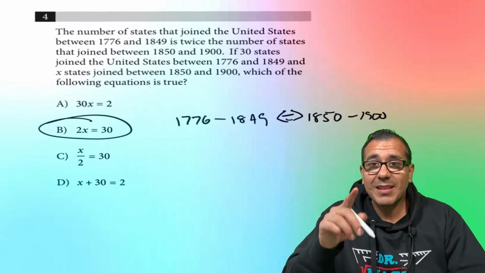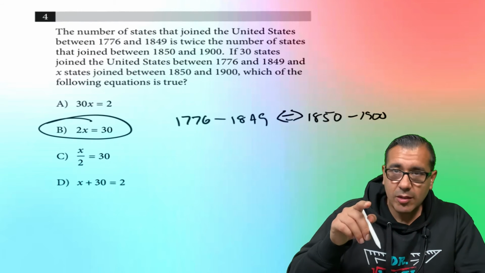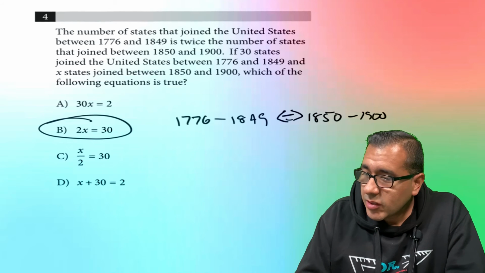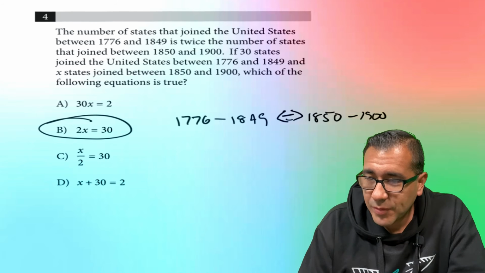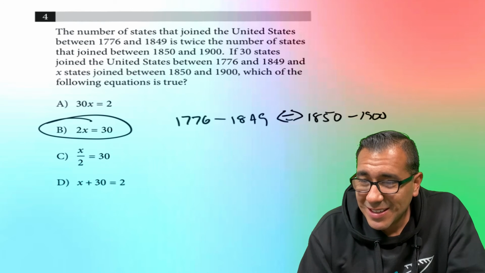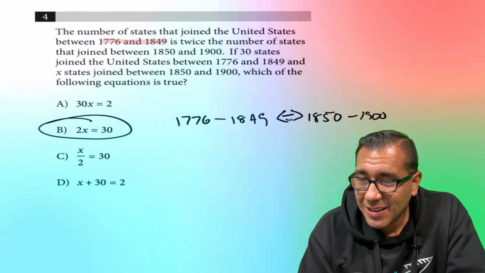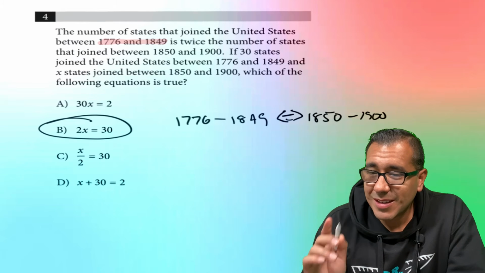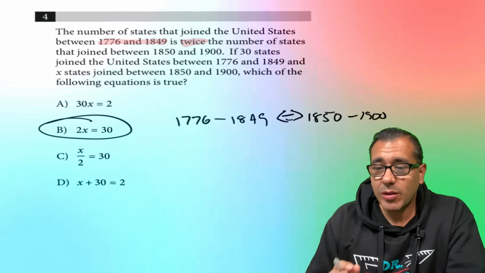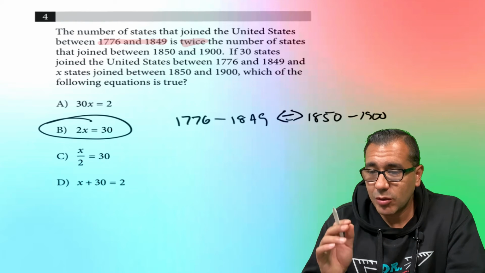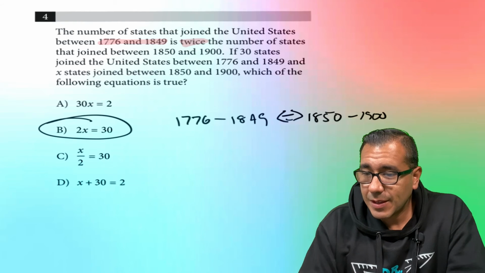So this is what we're gonna do here. Pay close attention. I'm gonna use some highlighting so we can look at some key parts. Between 1776 and 1849, look what it says. The number of states is twice the number of states that joined from 1850 to 1900.